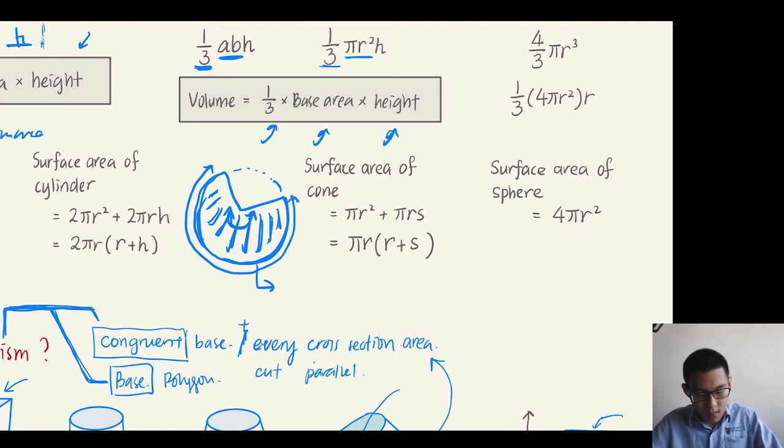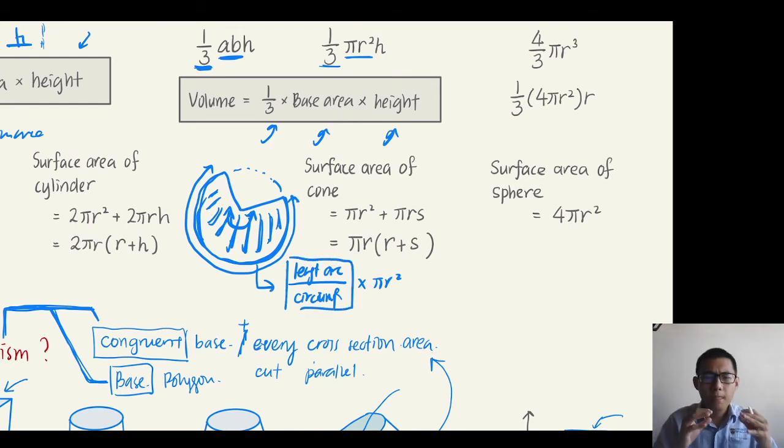This arc is the length of the arc. The length of arc over the circumference of the whole circle, and then we multiply by pi s square because it is an area. This is the portion that we need, so we can use the fraction: length of arc over the circumference of the whole circle.